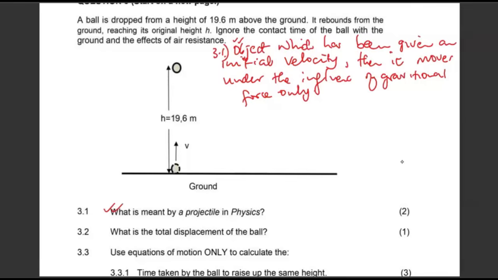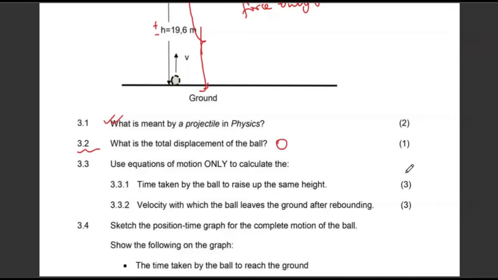Then 3.2, what is the total displacement of the ball? Remember, it was dropped from here. It covers 19.6 in that direction, but then it bounces back to the original position, meaning that it's a positive and a negative, which gives us a 0. Then use equations of motion only to determine the time that is taken by the ball to rise up to the same height.